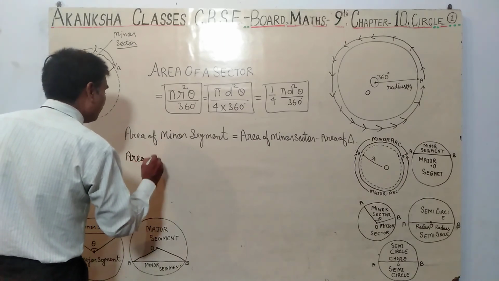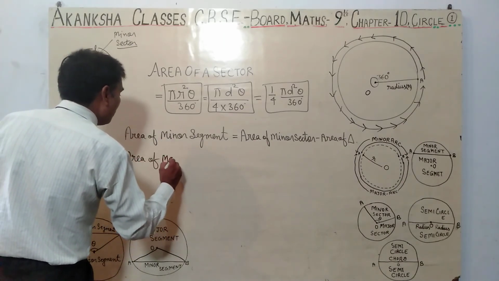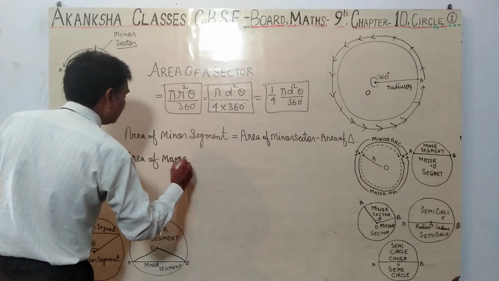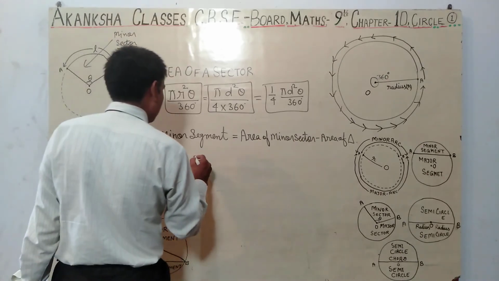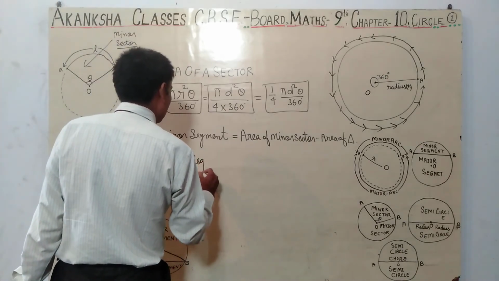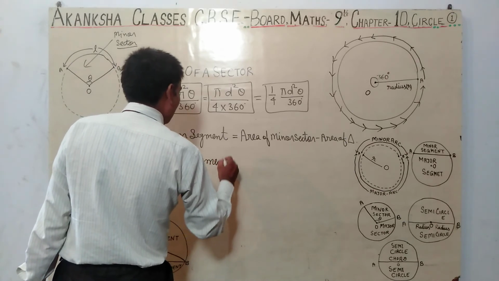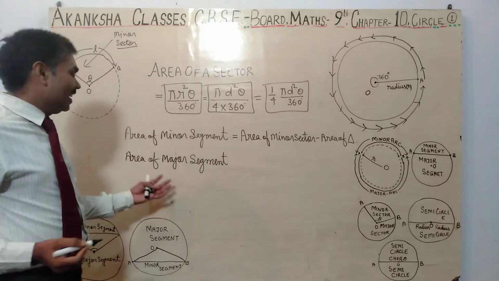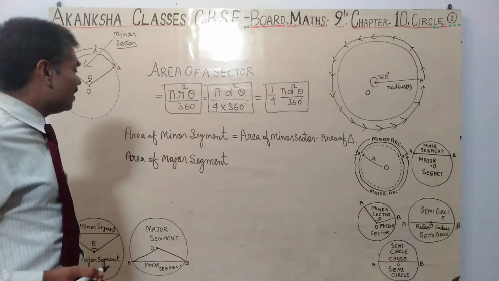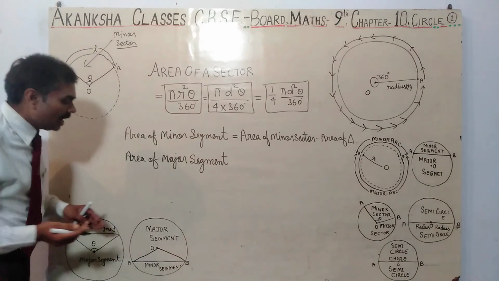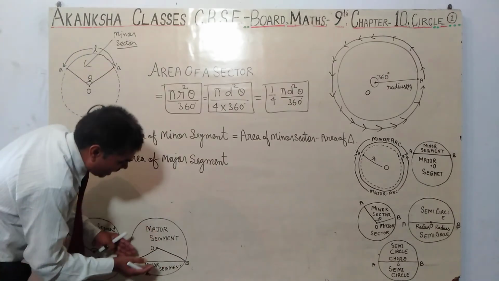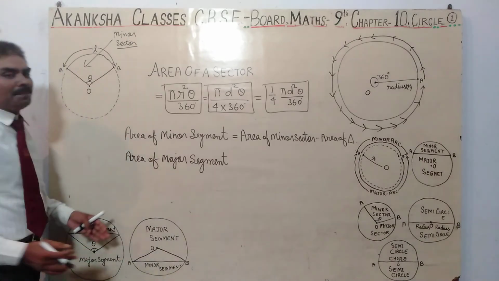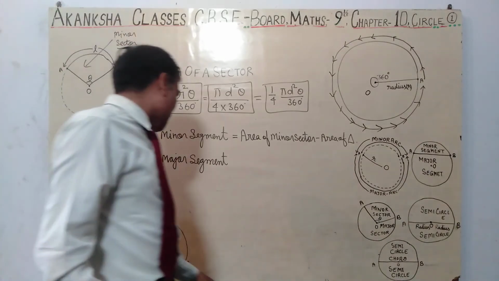Students, but if we find area of major segment, how easy is it to find? It is very easy. If we subtract the area of minor segment from the whole circle, we will get area of major segment.